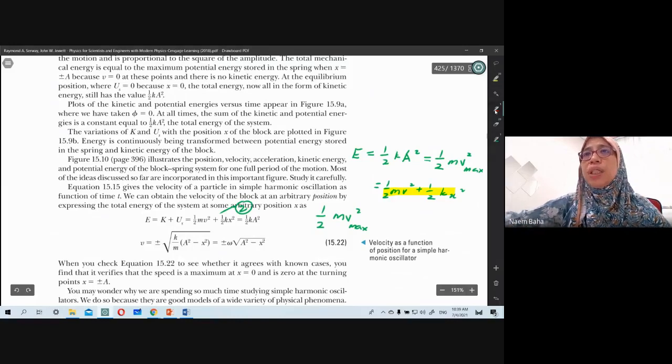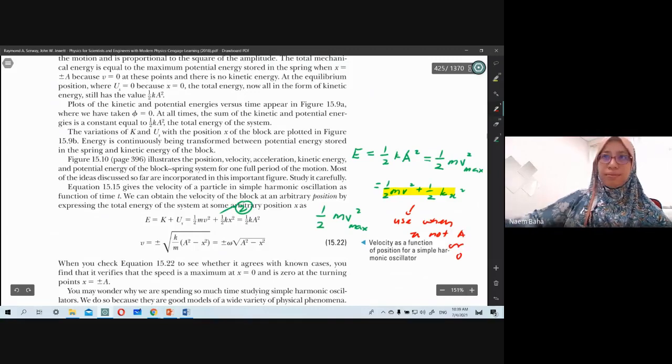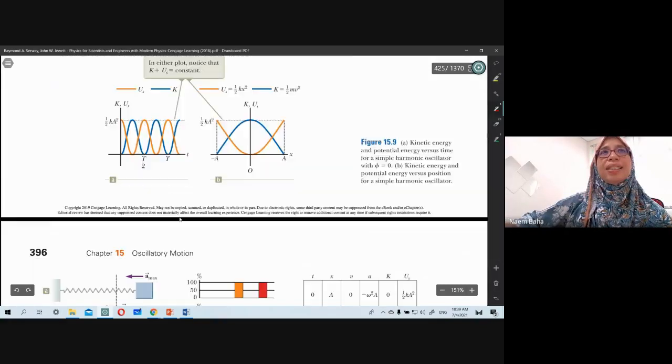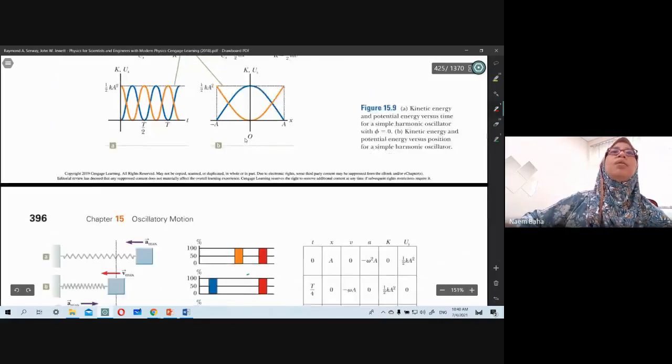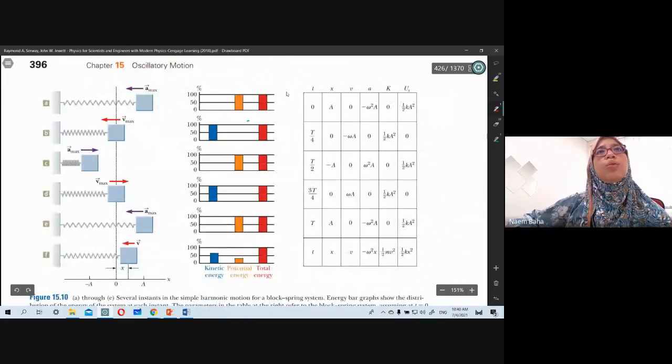So let's add some notes here: use when x is not A or 0. Alright, let's have a look. We have seen this graph before. These are two notes in terms of the idea of the velocity and the energy. Look at this figure. It is at the maximum amplitude, and therefore the potential energy is maximum.